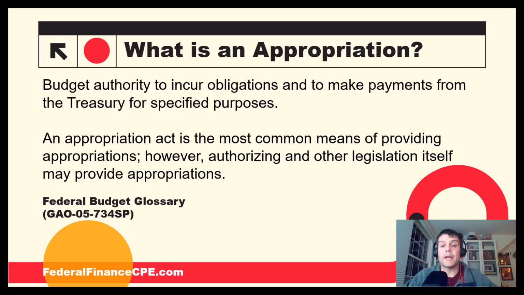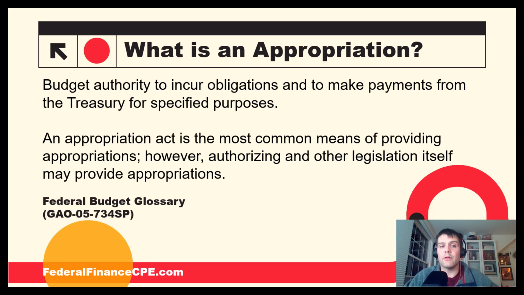Now let's look at our first step and accounts, the appropriation. Here's the definition from GAO. Budget authority to incur obligations and make payments from the Treasury for specific purposes. An appropriation act is the most common means of providing appropriations.